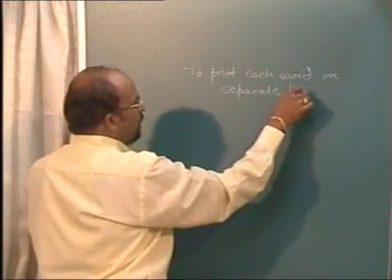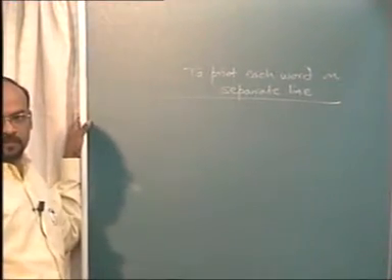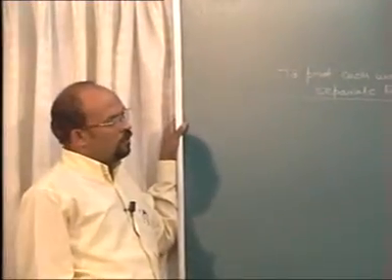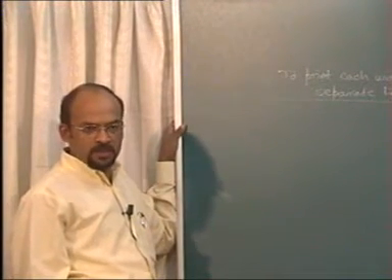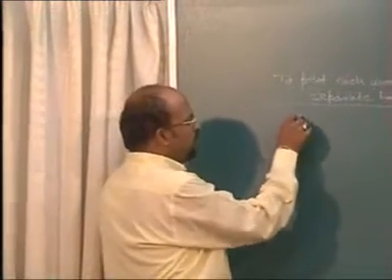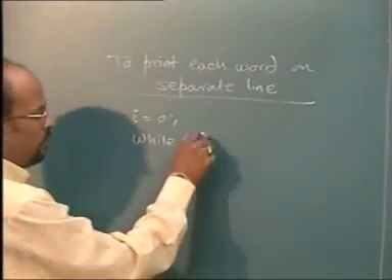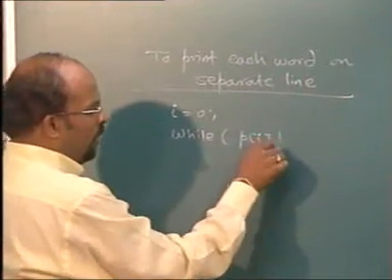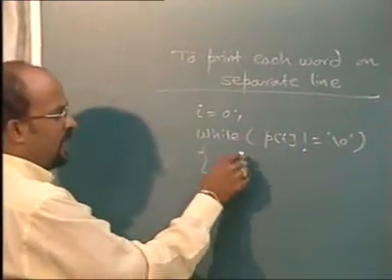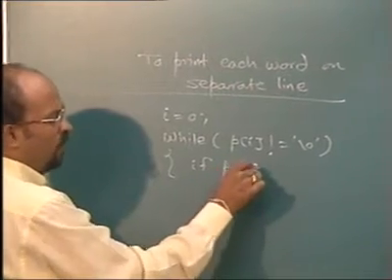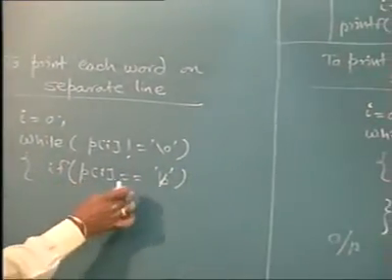Now to print each word on a separate line. What will give us the indication that the word is over? When you reach the space. So we will simply modify the code and say that while p of i is not equal to \0, I will check if p of i is equal to space. Now so many students ask me how to input this character.